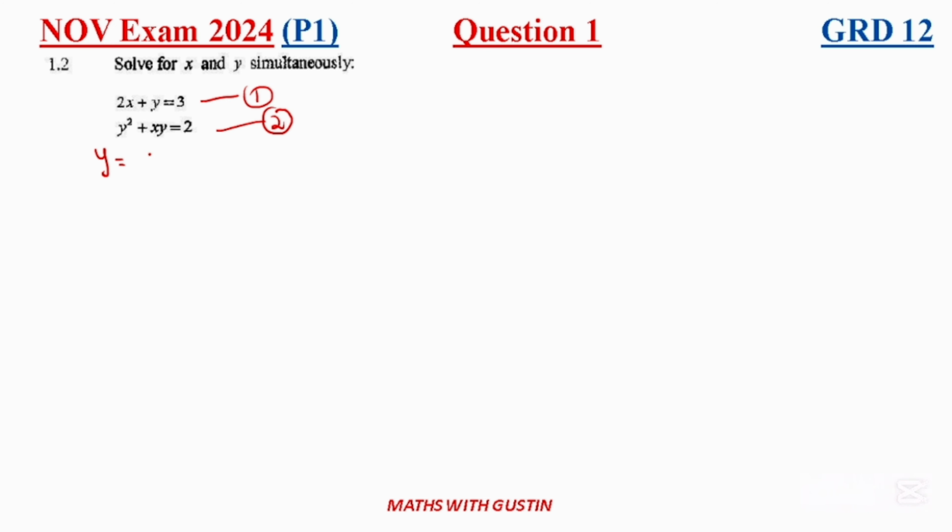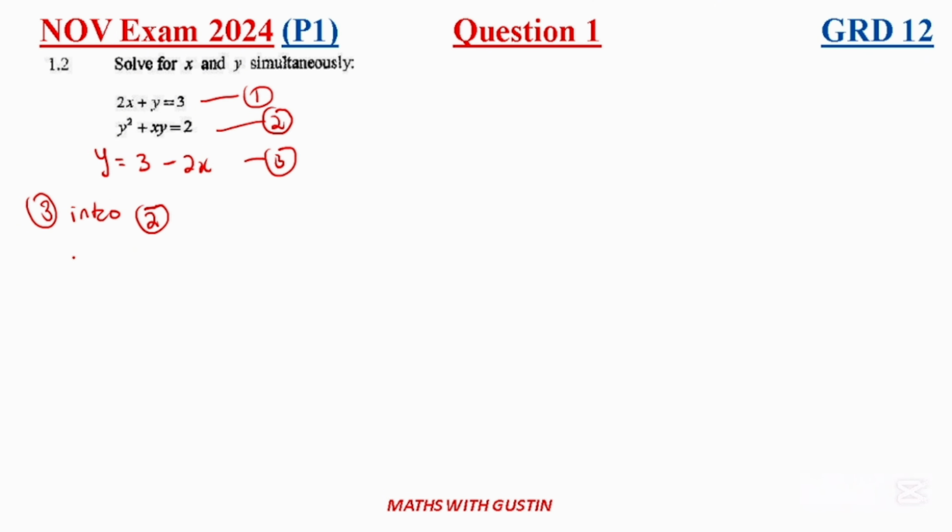So y is equal to 3, then you take this 2x to that side, it's going to be minus 2x, which gives us equation 3 in this case. So you take equation 3, then you substitute it into equation number 2. Right, great stuff.